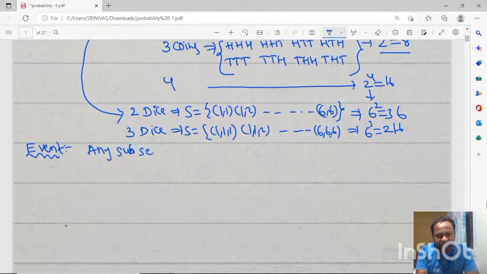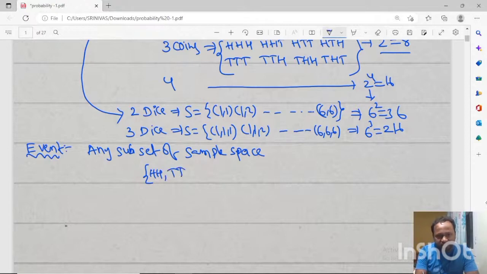Any subset of sample space is called event. Like we have taken H, H, H, T, T; we can represent a number of subsets like this.